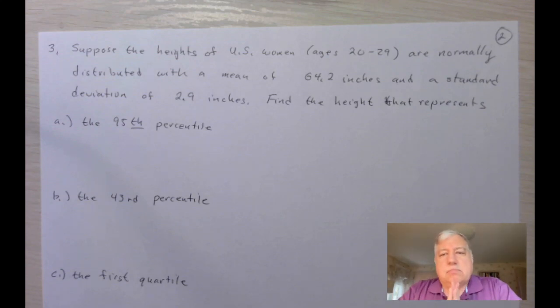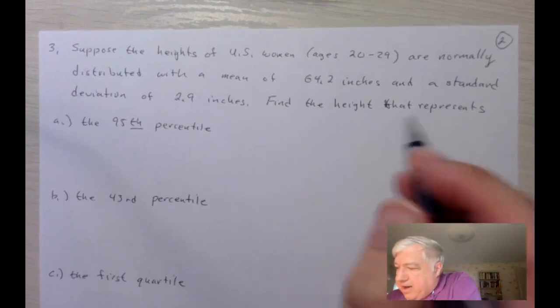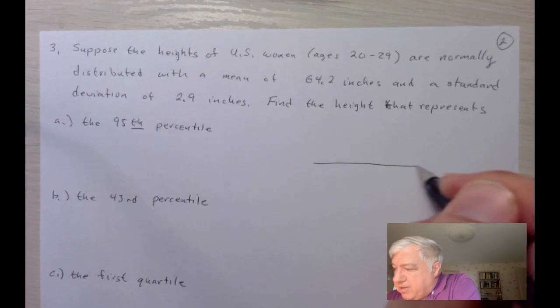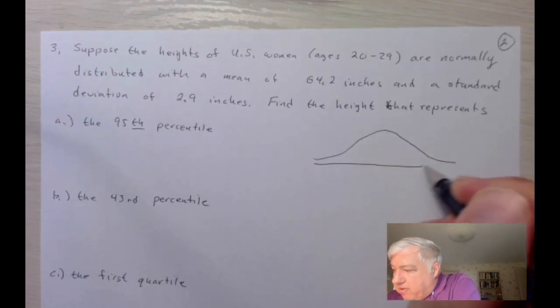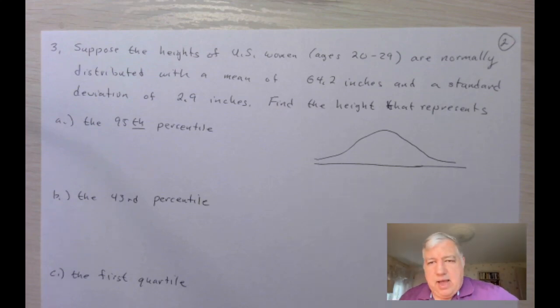In this case, suppose the heights of U.S. women ages 20 to 29 are normally distributed with a mean of 64.2 inches and a standard deviation of 2.9 inches. What we're really saying is we can think of the random variable of picking a height at random and seeing what it is. And the probability distribution of that random variable can be determined by this normal curve.